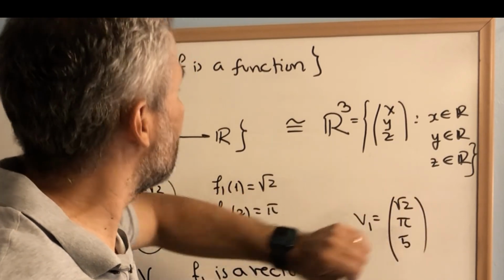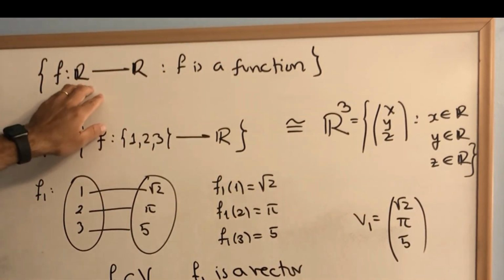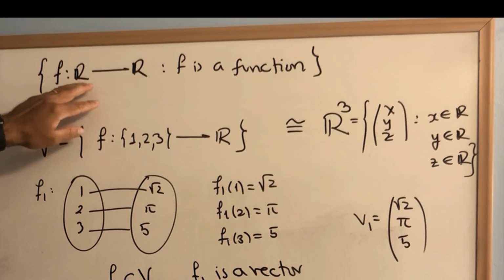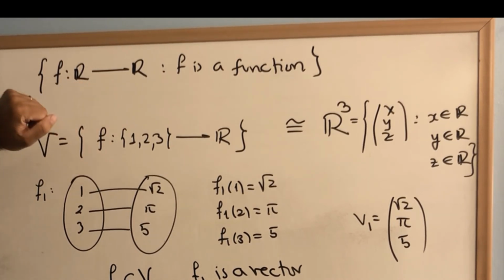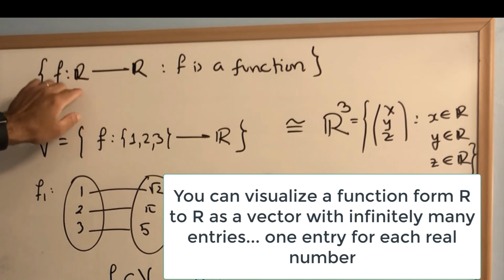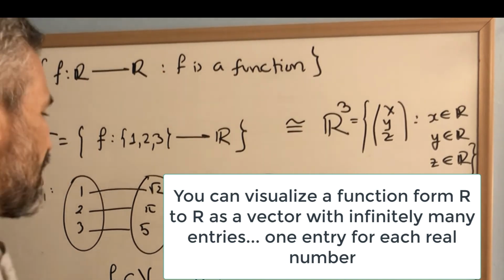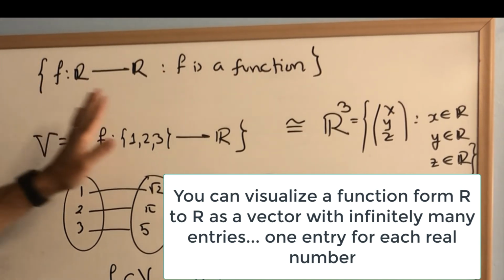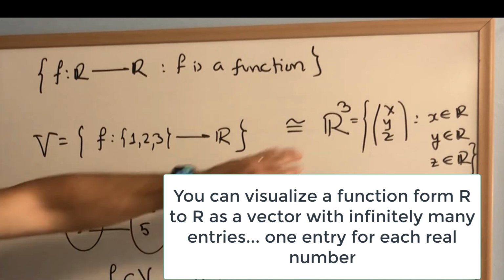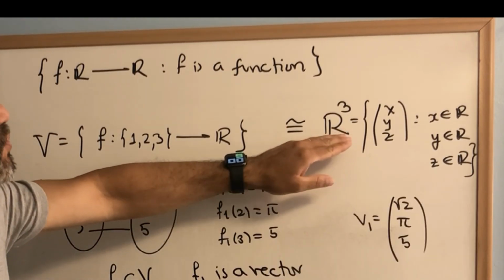There are 3 entries here, but when you think in general of a function as a vector, there are infinitely many entries, 1 for every real number. Right? Then we have that connection between functions and the usual vector space that we are used to, which is just R3.